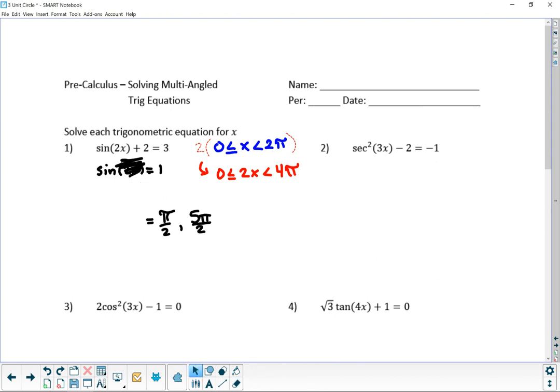This happens to be 2x. So it's 2x equals pi over 2 and 5 pi over 2. And to figure it out, you can multiply by 1/2. These cancel and we're left with x, and this is our final answer.